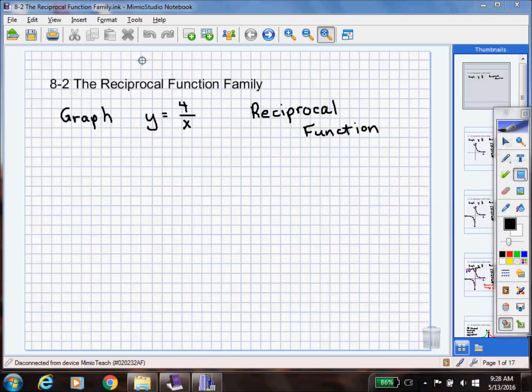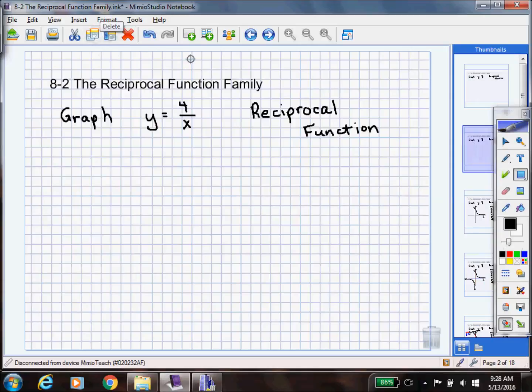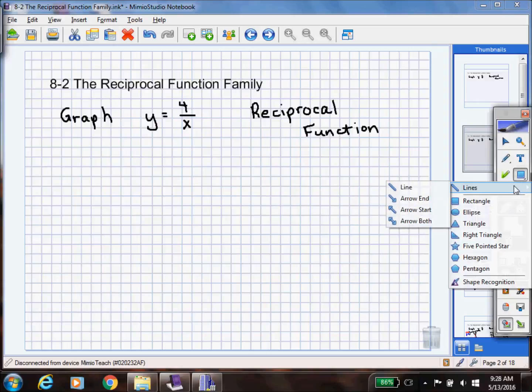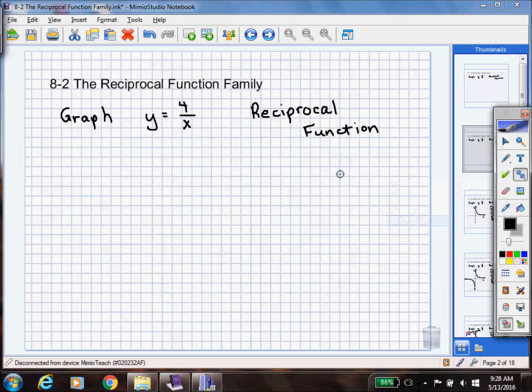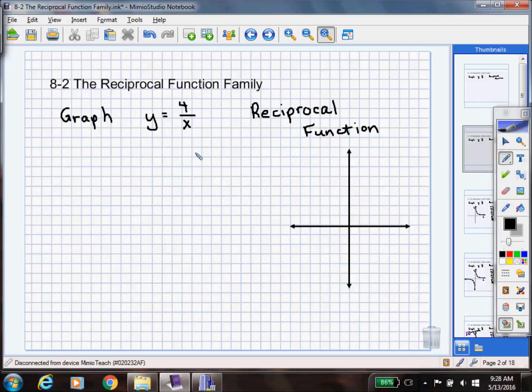What I need for you guys to do is start to make a chart. I want you to be able to identify some things that are happening with this graph. All right, so drawing your x and y axis. What we need to do then is figure out the x and y values.